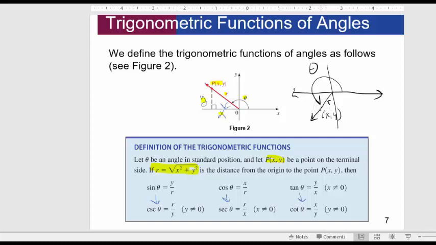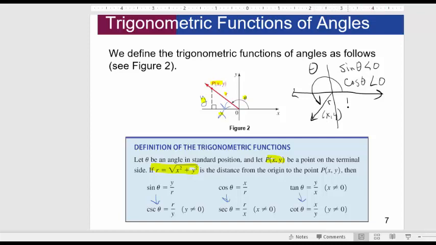But in the third quadrant, what happens is x is negative and y is negative. So in the third quadrant, sine of theta is going to be less than 0, and also cosine theta is going to be less than 0, right? Because both x and y are negative values.